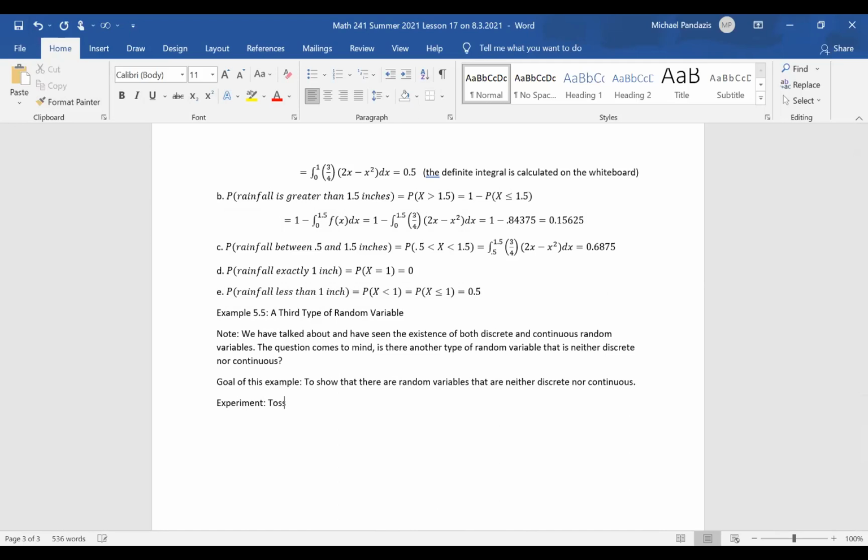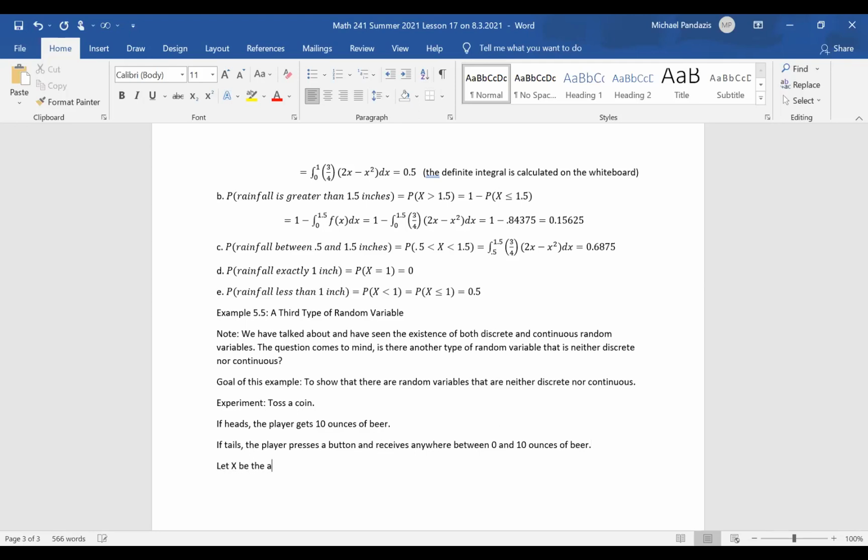The experiment is to toss a coin. If heads, the player gets 10 ounces of beer. If tails, the player presses a button and receives anywhere between 0 and 10 ounces of beer.